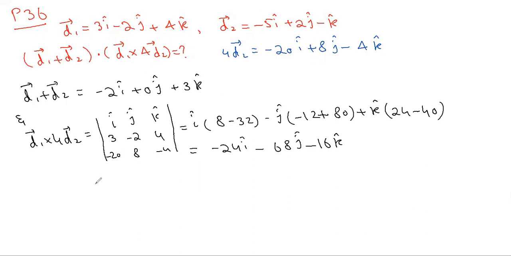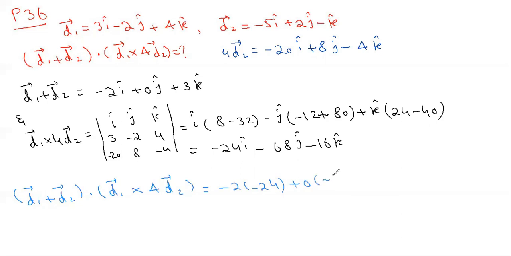Now we can find the given vector. So d1 plus d2 dotted with d1 cross 4d2. So this will be -2 into -24 plus 0 into -68 plus 3 into -16.